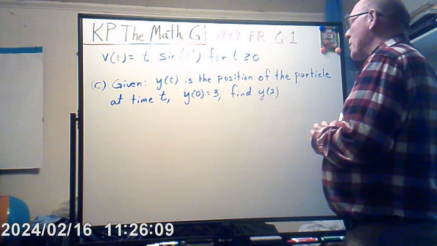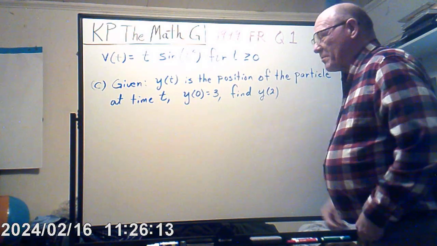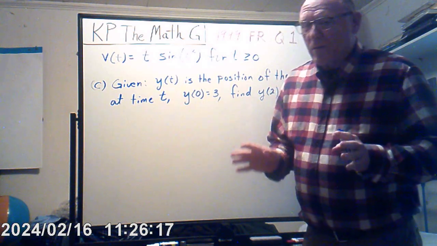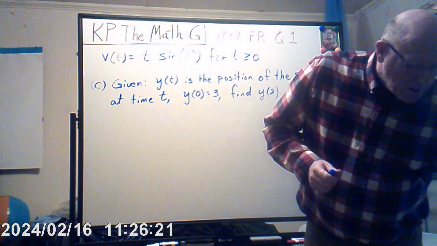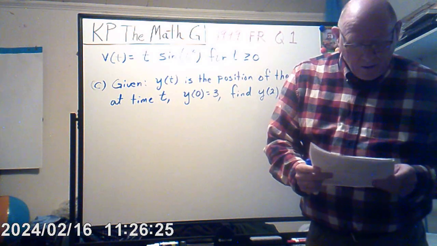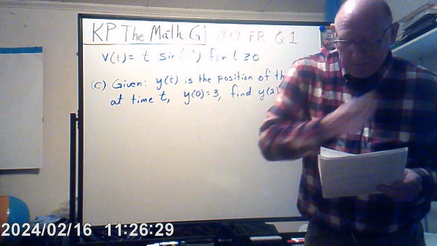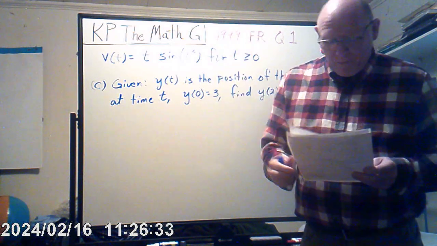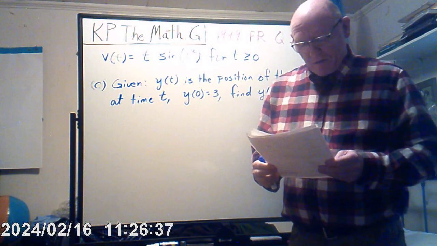The free response question number 1, and just to abbreviate everything, from the last video we did parts A and B. A was to find in which direction the particle is moving at time t equals 1.5. We found it was moving up because v at 1.5 is greater than 0.